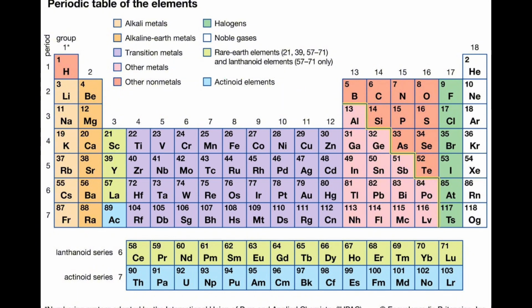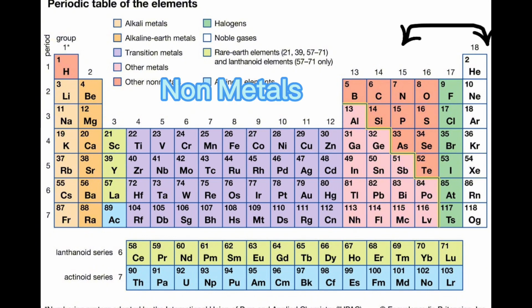Because they can exhibit characteristics of metals as well as characteristics of the next group of elements, which are called non-metals. And non-metals range from group 15 over to group 18. What this means is that they have 5 to 8 electrons on their outer shell.